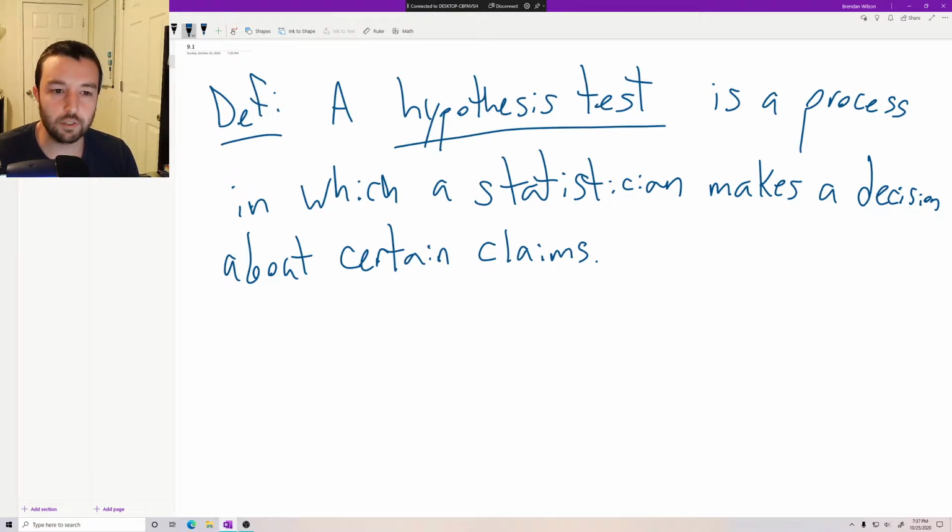So in our case, a hypothesis should always be something that we can put into math terms. So it should be something like this equals this, or this is greater than this, or something like that. Those are the kind of hypotheses we're looking at here.